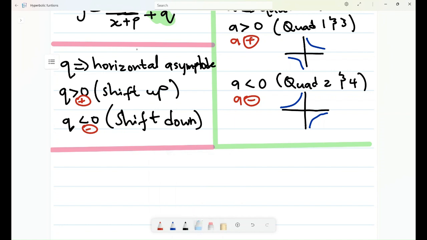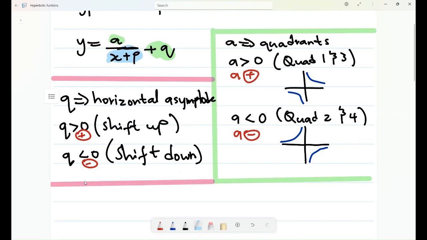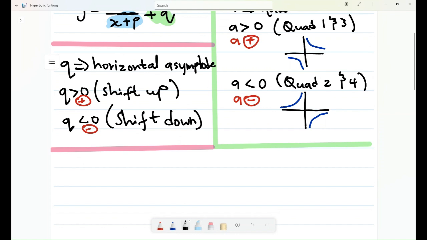Now let's go to the value of P. What is P? If this is our horizontal asymptote, this is our vertical asymptote.